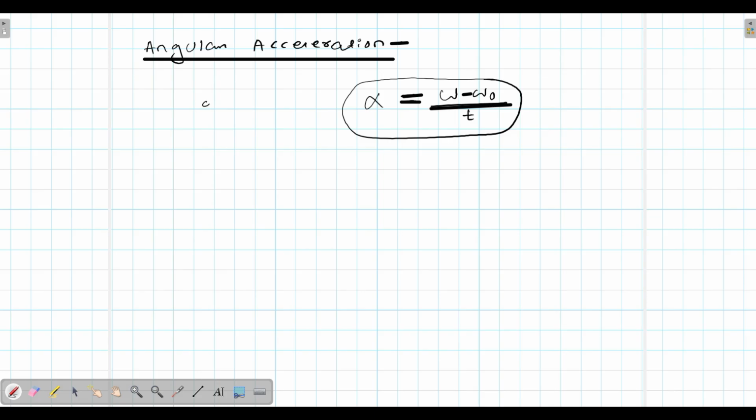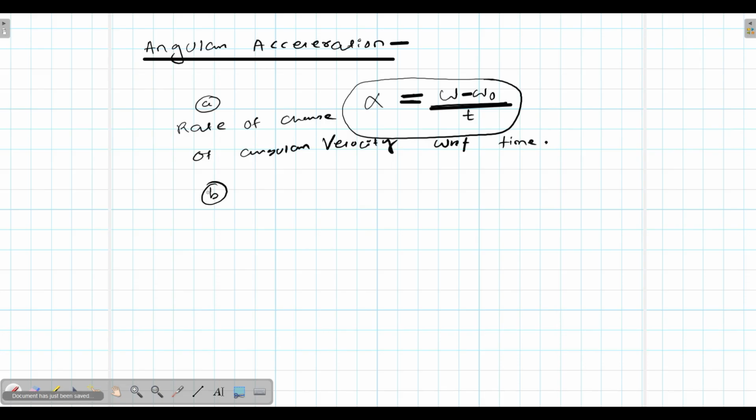Rate of change of angular velocity with respect to time, that is angular acceleration. Direction: for anti-clockwise motion it is directed outward.